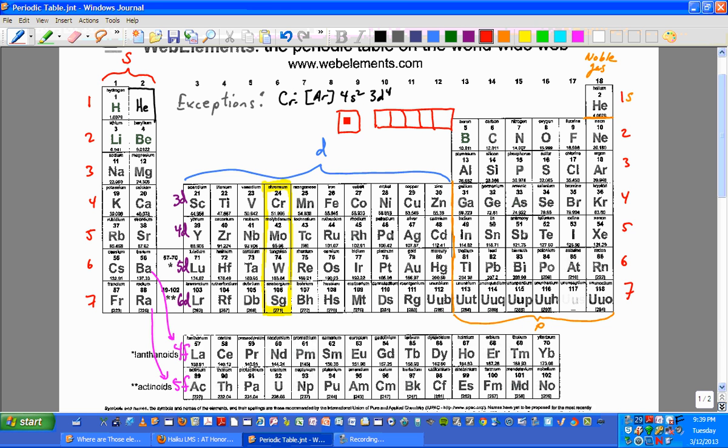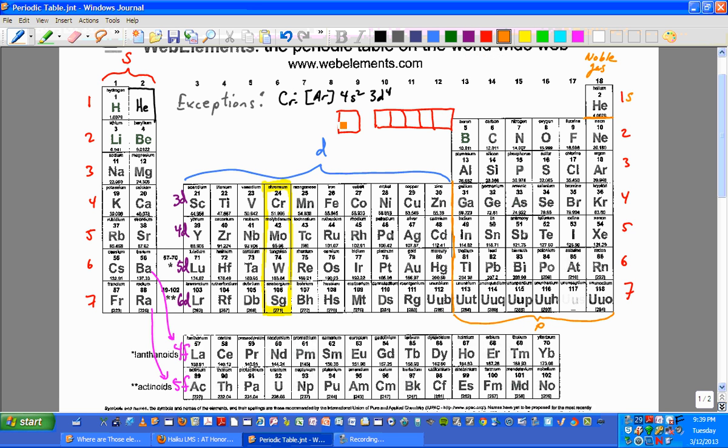I've got 4s, one box there because it's got one orbital. I've got 3d. I've got 1, 2, 3, 4, 5. Right, 5 boxes because the d sublevel has 5 orbitals in it.